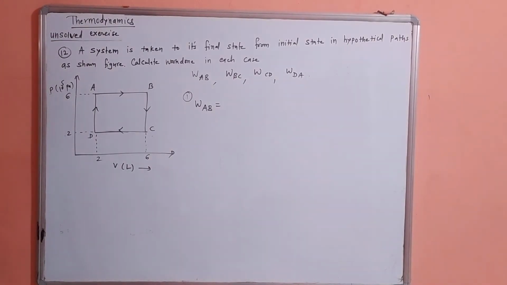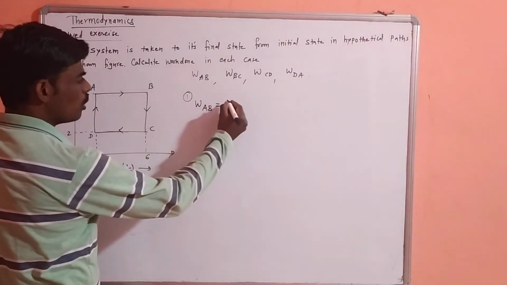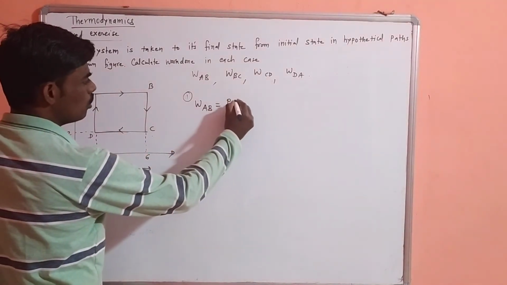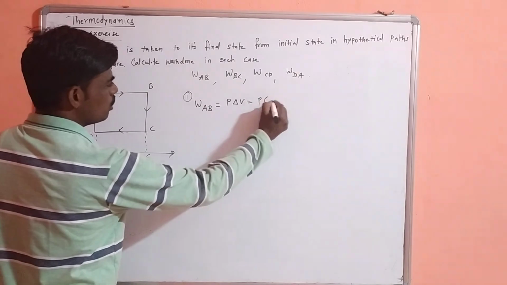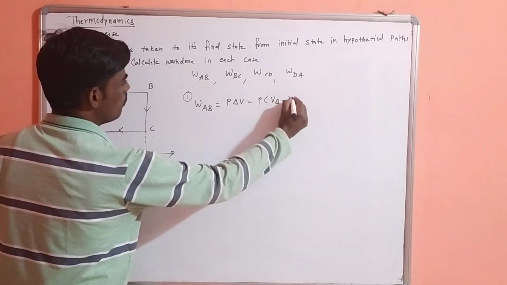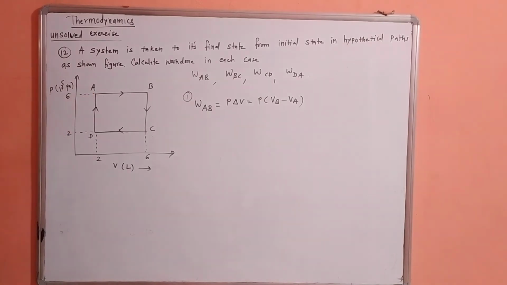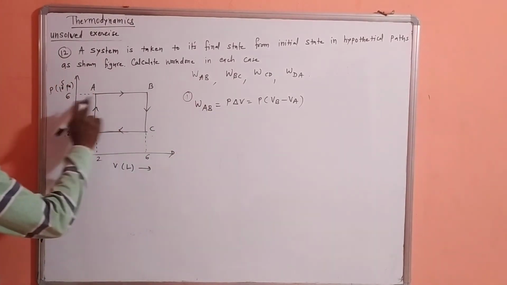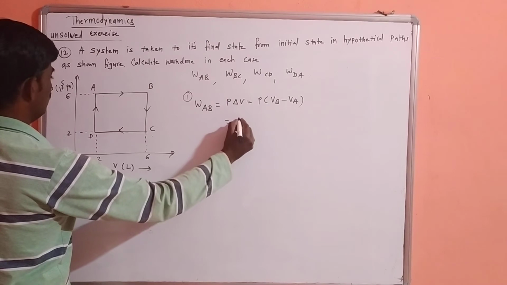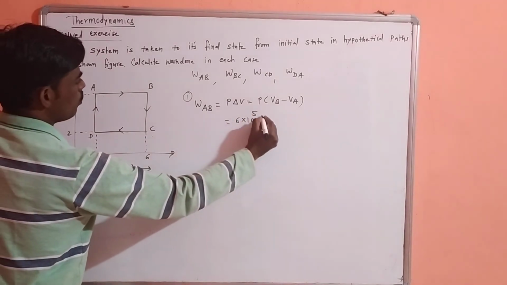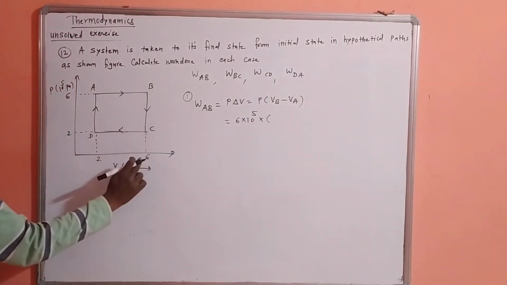So we can find work using the formula P into del V, that is P into (VB minus VA).